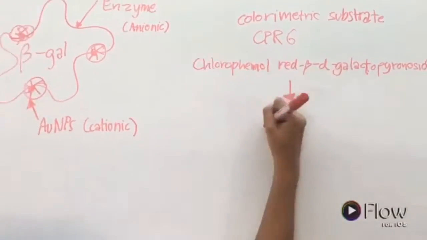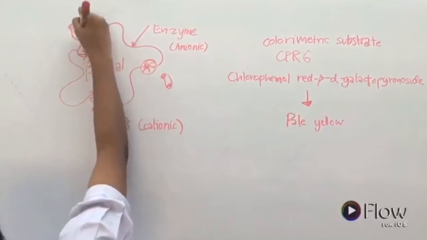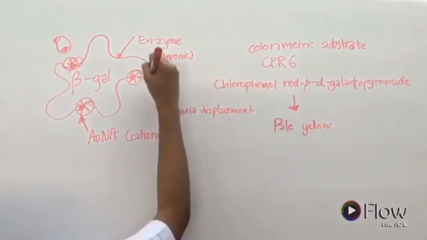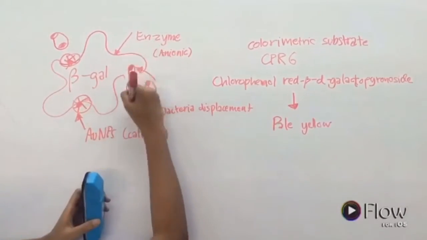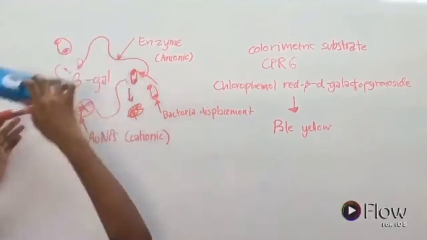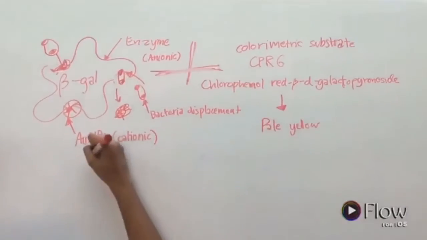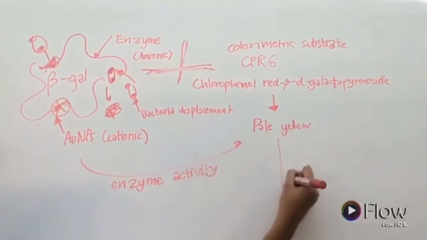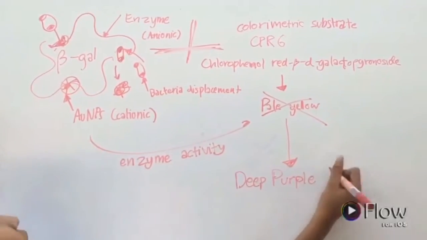The color of the sensor remains pale yellow, but when negatively charged bacteria are present, a competitive equilibrium is formed between the bacteria and the enzyme for the nanoparticles, which restores enzymatic activity to beta-galactosidase, which then cleaves the colorimetric substrate to produce a deep purple color.